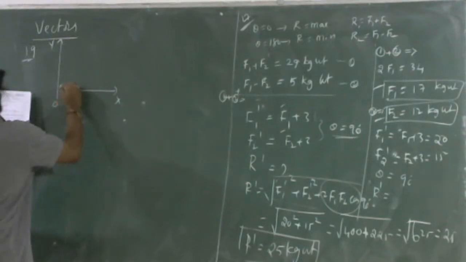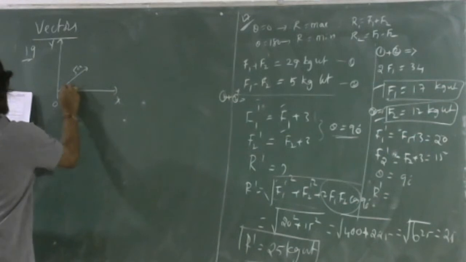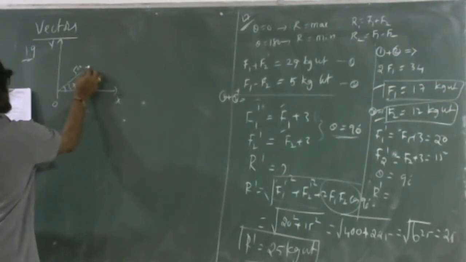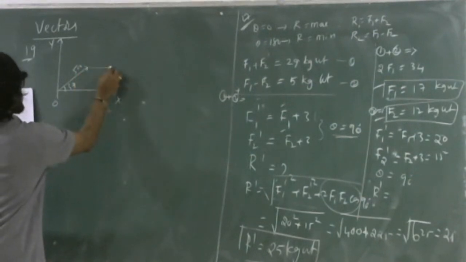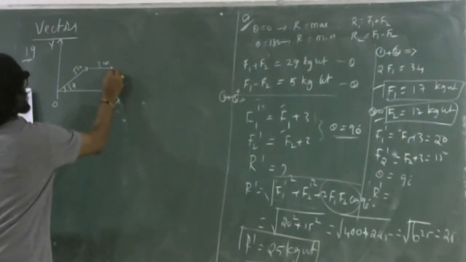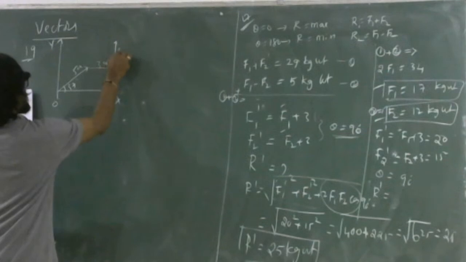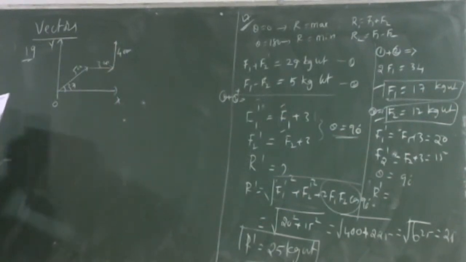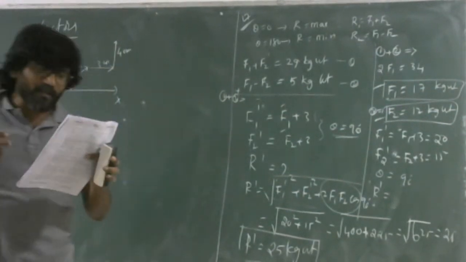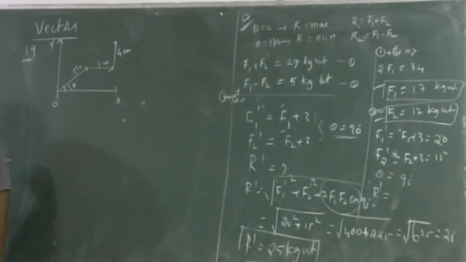It is given that there is a vector having magnitude of 5 centimeters at an angle of 37 degrees. And another vector is shown whose magnitude is 3 centimeters, and there is another vector whose magnitude is 4 centimeters in this direction. So the question is, find the magnitude of resultant of the vectors shown in the figure.